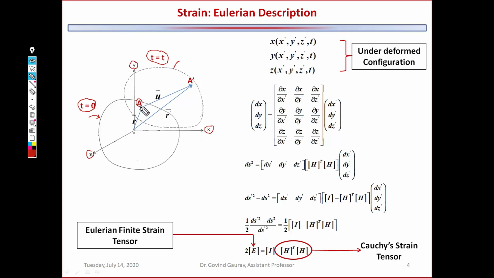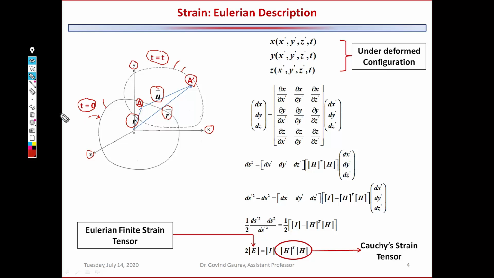The point A lies on the state of the body at t is equal to 0, and point A dash lies on the body shown by the dotted lines. U is the displacement vector, R dash is the final position vector of the point A dash, and R is the initial position vector of the point A.